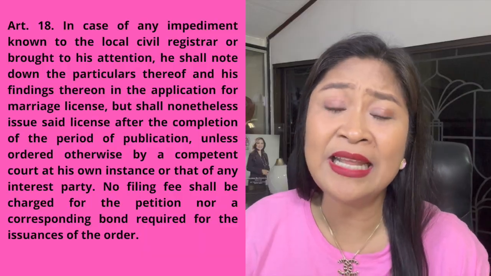That tells you that even if the LCR himself knows of an impediment or somebody reports to him an impediment, he cannot stop himself from issuing the license. The only way for him to stop himself from issuing the license is when there is a court order.